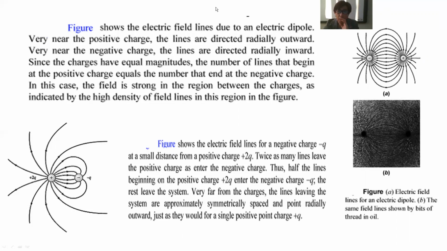Here, figure A shows the electric field lines of an electric dipole, and figure B shows the same field lines shown by beads in oil.